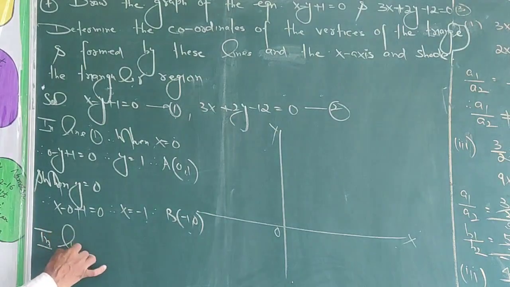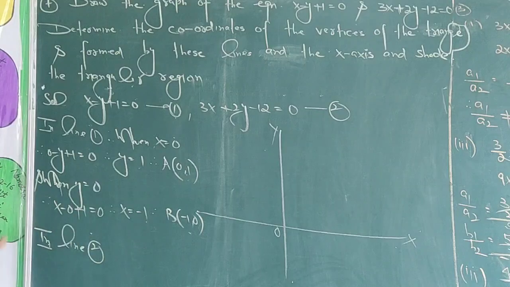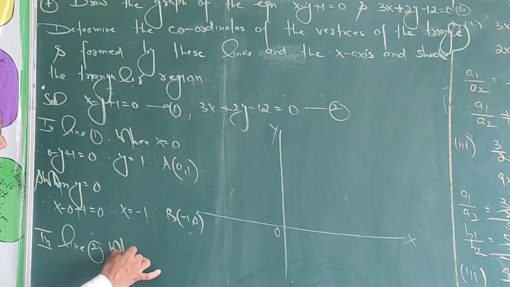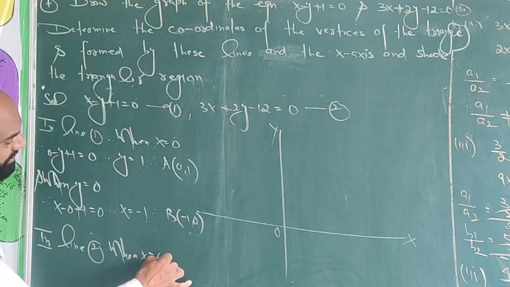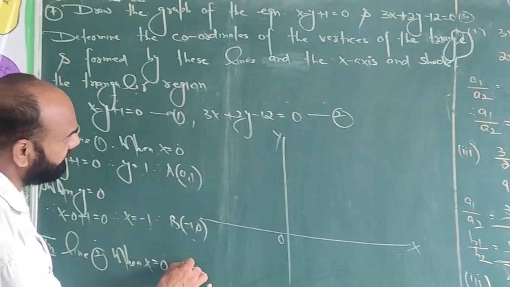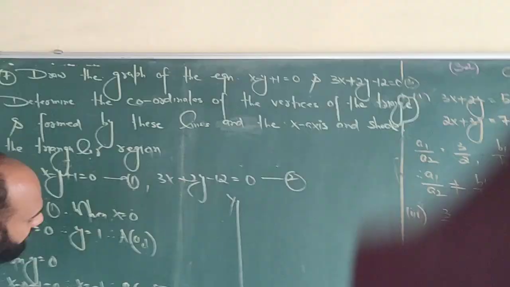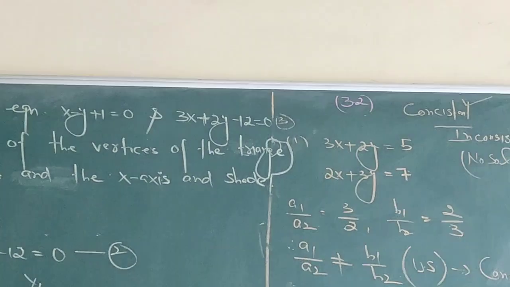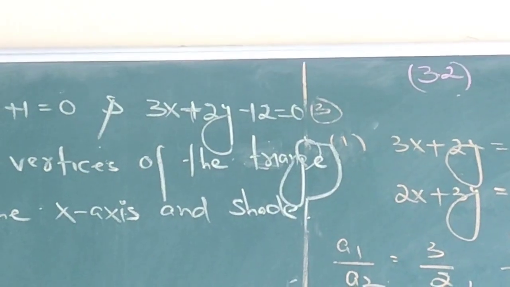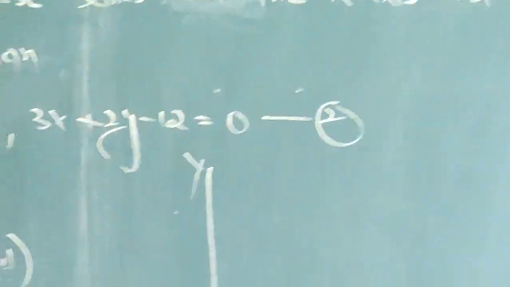So in line second, put x equal to 0. Therefore 0 plus 2y minus 12 equal to 0. So y equal to 6.